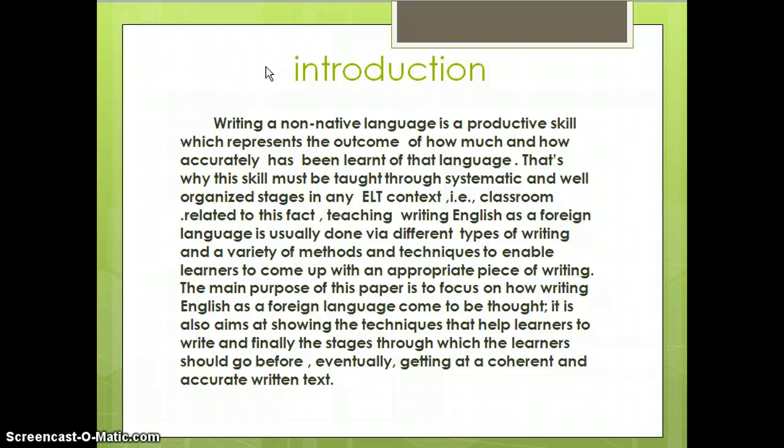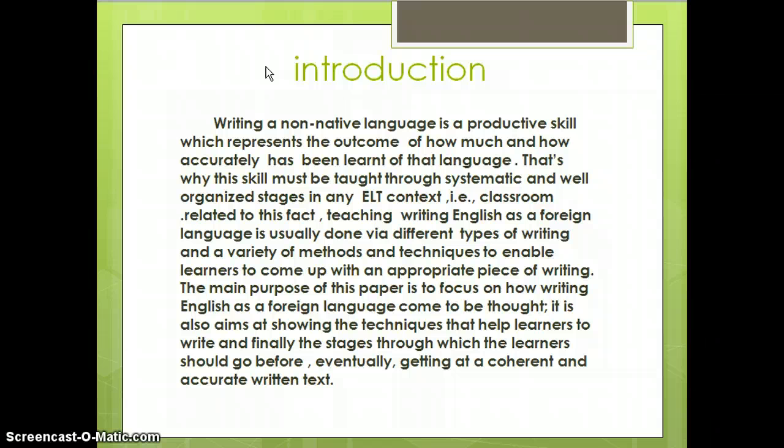Related to this fact, teaching writing in English as a foreign language is usually done via different types of writing and a variety of methods and techniques to enable learners to come up with an appropriate piece of writing.